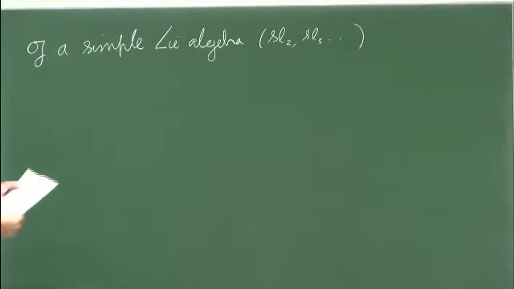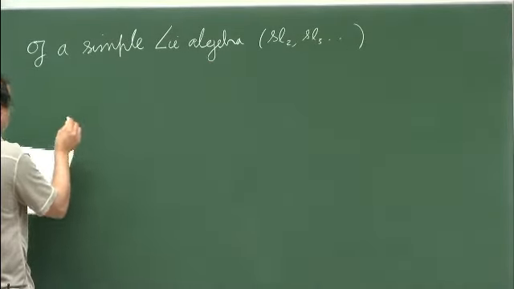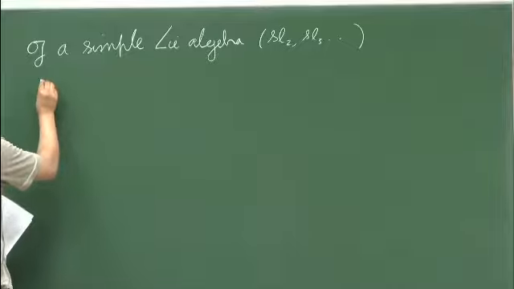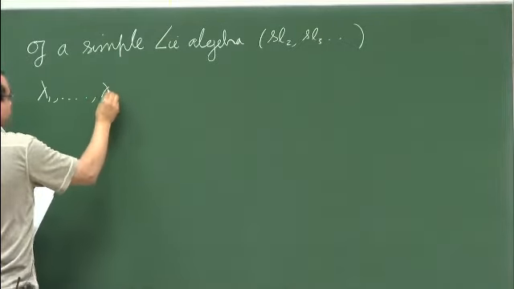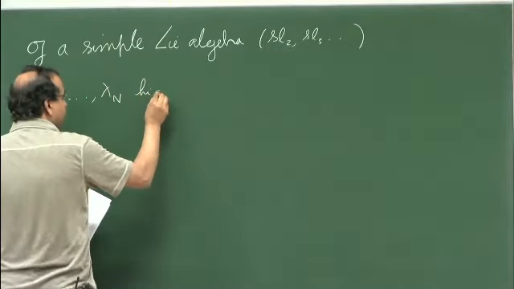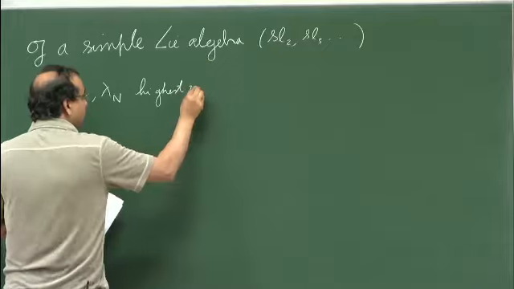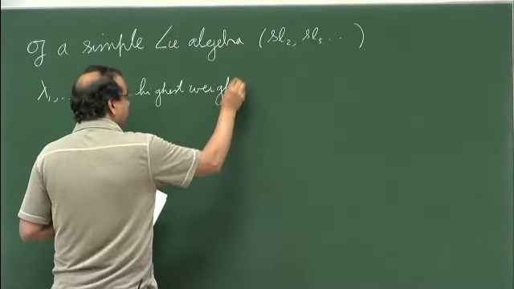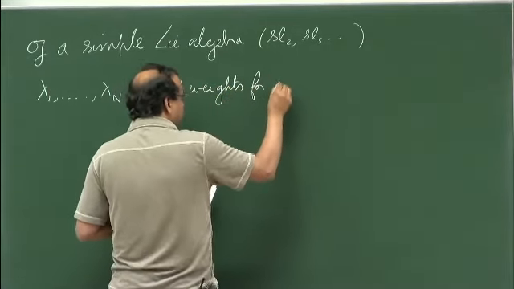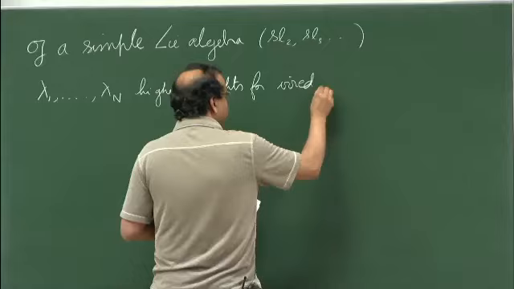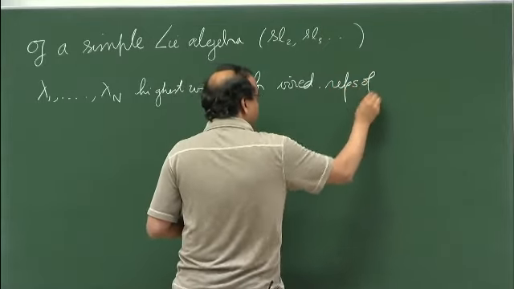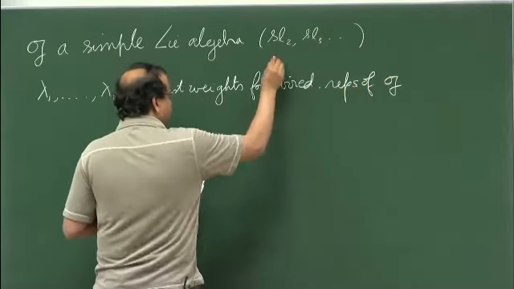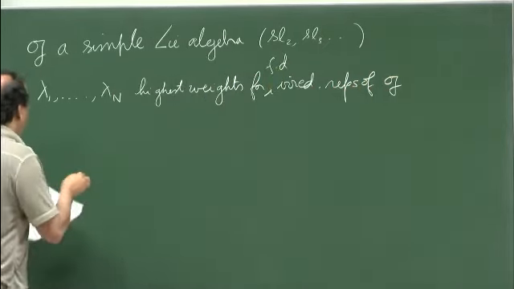So I'm also going to fix n highest weights for finite dimensional irreducible representations of g. So lambda 1 to lambda n, highest weights for finite dimensional irreducible representations, of level less than or equal to k.